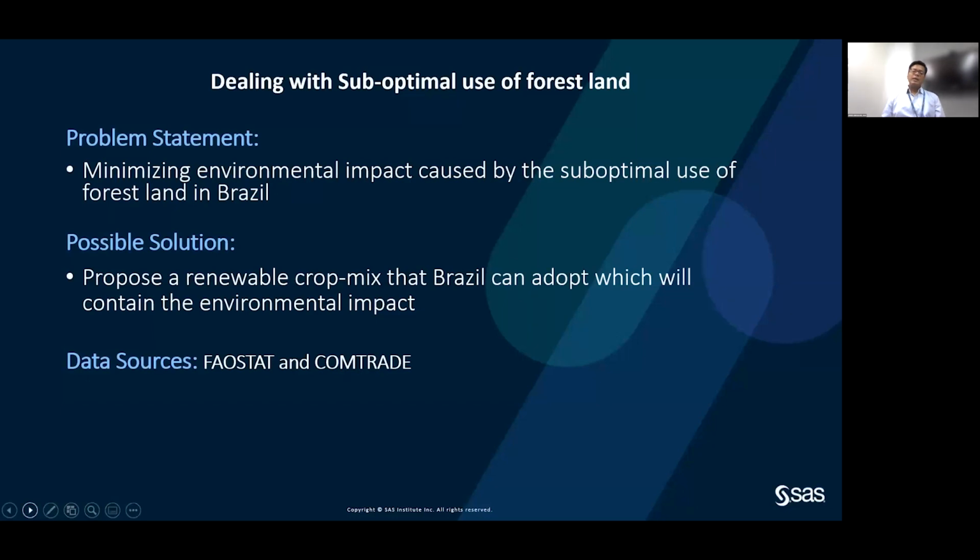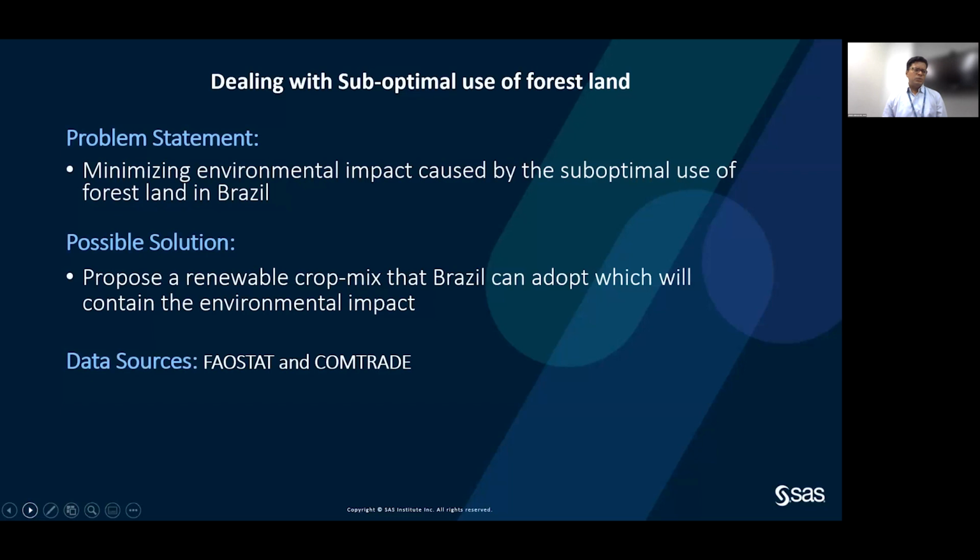And there is one more data set which is Comtrade, and is maintained by the United Nations, and it is all about the commodity trades. So there are a lot of commodities, and crops also become a part of that. And what all transactions have been done, that is exports, imports, what is the volume of the export and import, and what is the value of that export and import, and how that is overall impacting your own economy, that is whether you are gaining or losing.